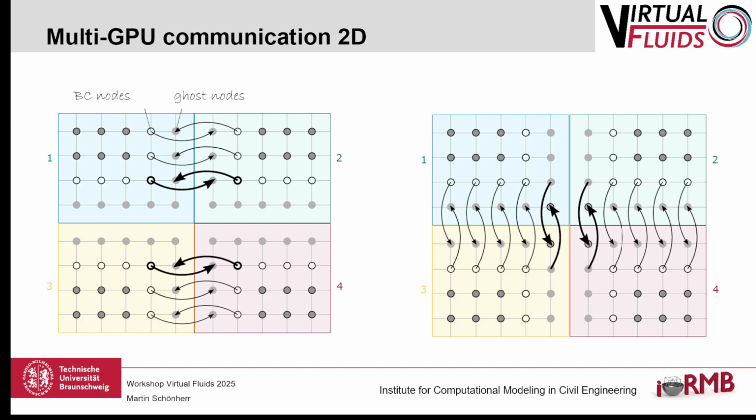By doing this, the receiving node here should then be the sending node here. So this information goes to the diagonals too, but only because we do first the X communications, then Y, then Z. You know what I mean?